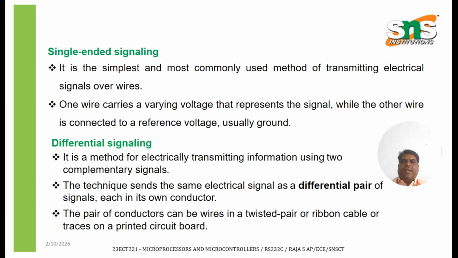Differential signaling is a method for electrically transmitting information using two complementary signals. The technique sends the same electrical signal as a differential pair of signals, each in its own conductor. The pair of conductors can be wires in a twisted pair or ribbon cable, or traces on a printed circuit board. Now we can see this in diagrammatic form.